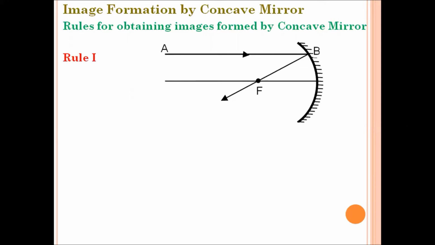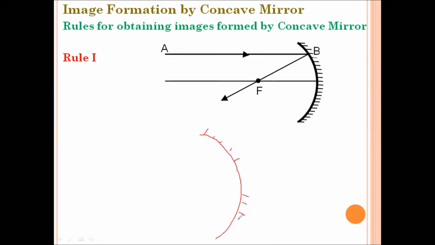Before drawing the ray diagram of concave mirror, let's go through certain sets of rules for obtaining images formed by concave mirror. Rule number 1, let's take concave mirror. This line is called principal axis.